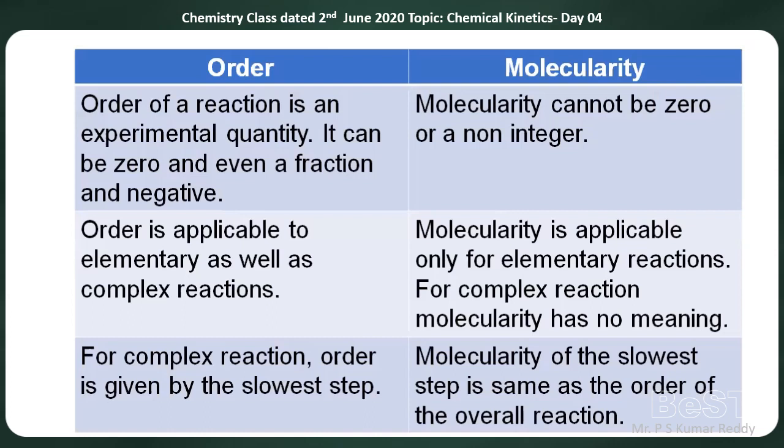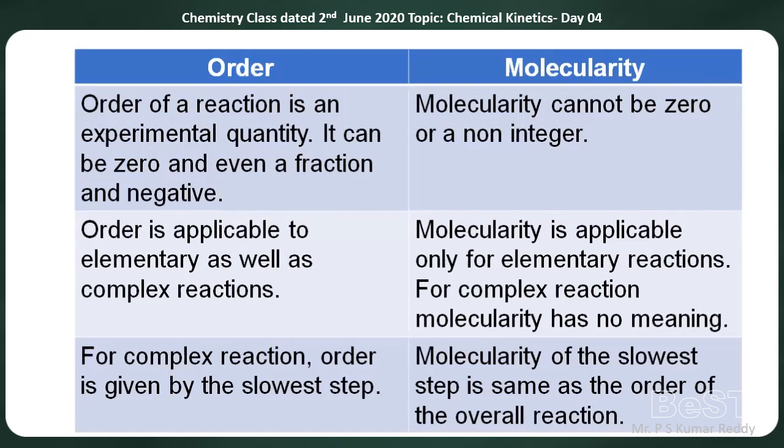Order of the reaction is an experimental quantity. It can be 0, a fractional value, or even a negative value. We had already studied that the order of the reaction is an experimental value. But molecularity cannot be 0 or a non-integer. It can be 1, 2, 3 like that only.